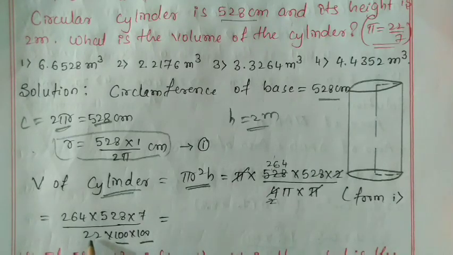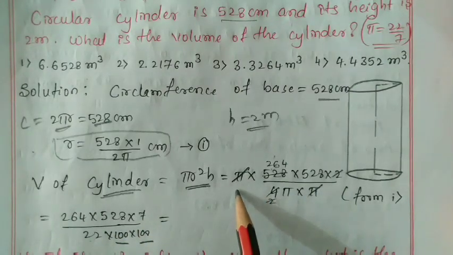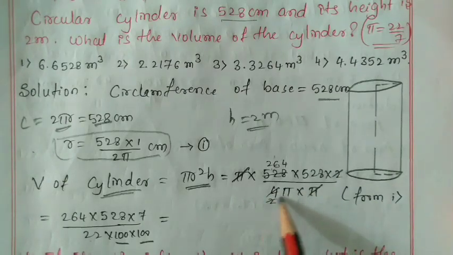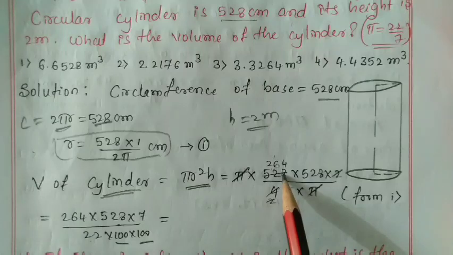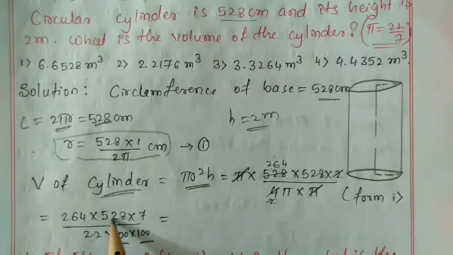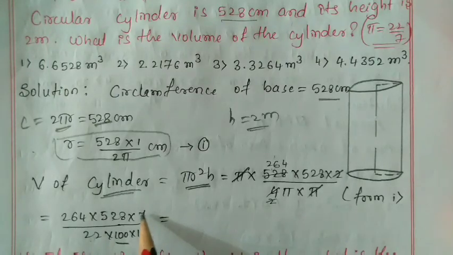Here pi value is 22 by 7. These 2 pi get cancelled. 2 1s are 2, 2 2s are 2, 1 264 is 528 you will get. Remaining you write 528 here and this 264, and pi value is 22 by 7, so 7 by 22. After that you can simplify now.